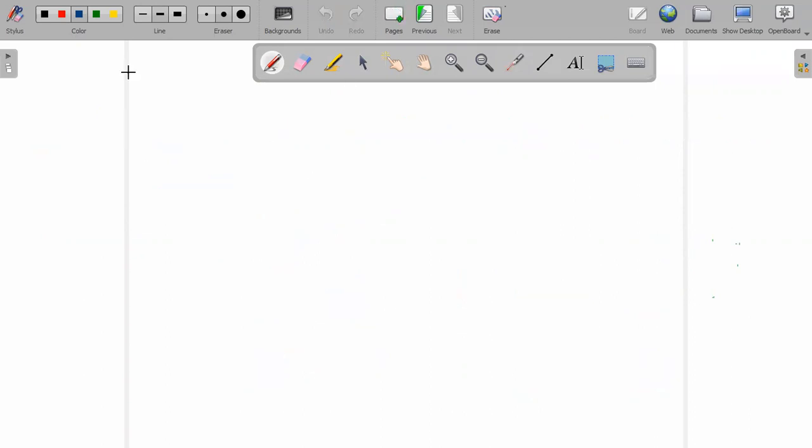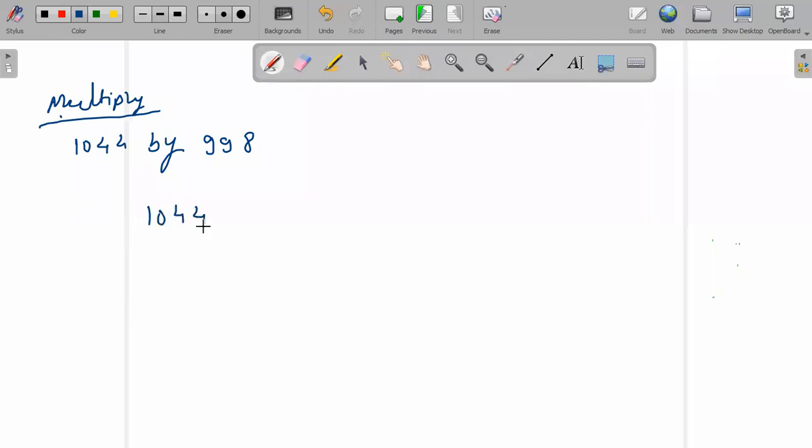Okay, one more example. Multiply 1044 by 998. Let's do it now. 1044, what will be the base here? 1000 will be the base, right? 998 will be there.